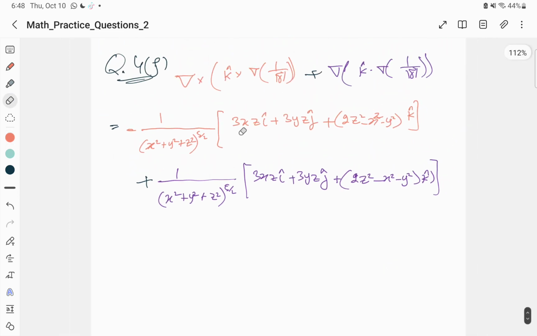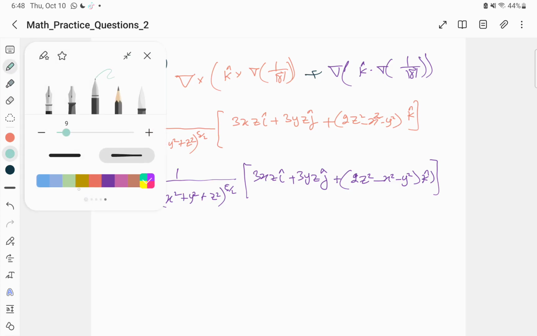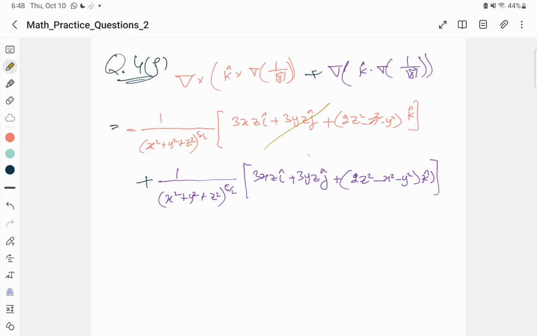Now you can notice that everything in the bracket is exactly the same. This expression and this expression are the same, but there is a negative here and a positive here, which means they just cancel out. So this is equal to 0. That's it. We have proved this.